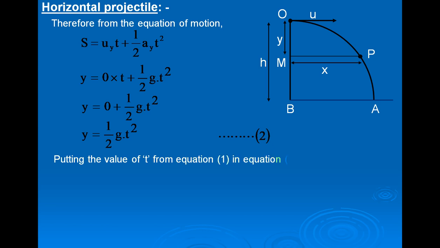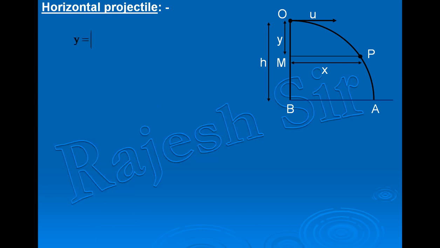Now putting the value of t from equation 1 in equation 2, we get y is equal to half g into x upon u whole square, or y is equal to half g into x square upon u square, or y is equal to g upon 2u square, within the bracket, into x square.